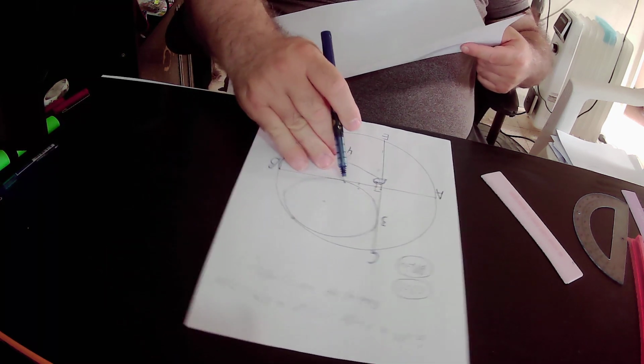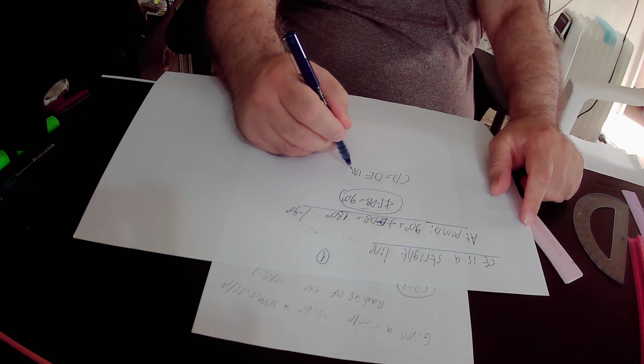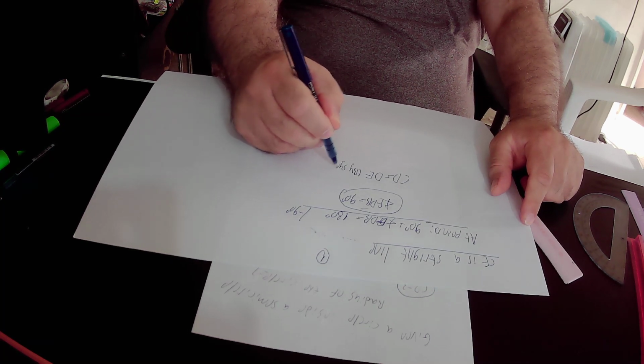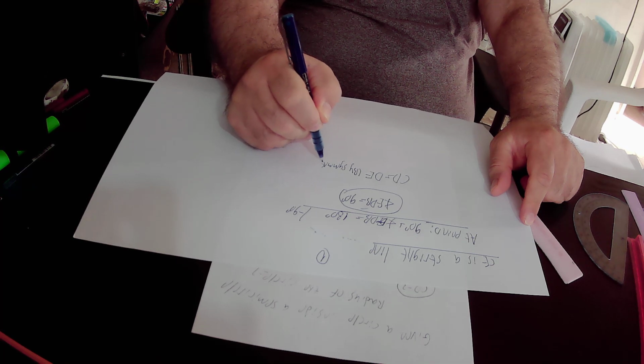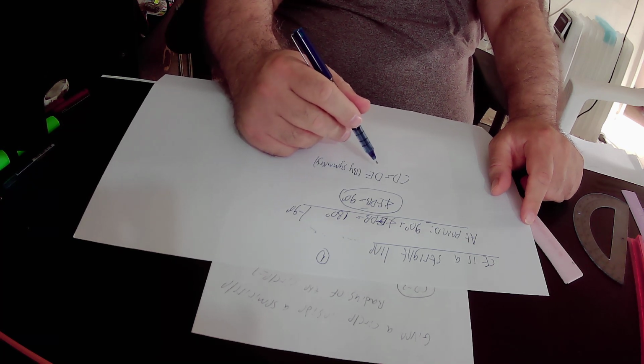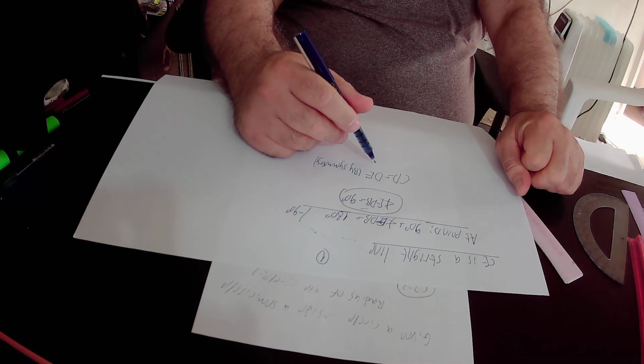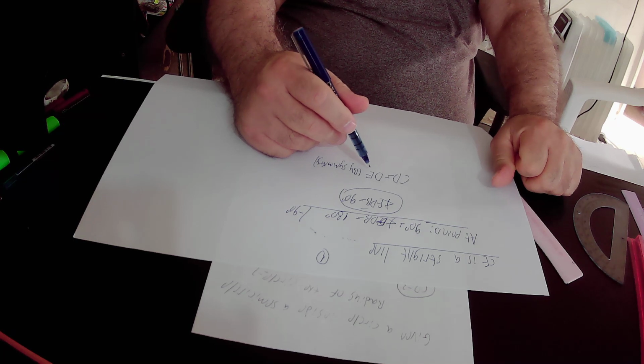So CD equals DE by symmetry. By symmetry, I repeat, DE is the mirror image of CD, therefore they are equal in their lengths, and they are in opposite directions in relation to each other.